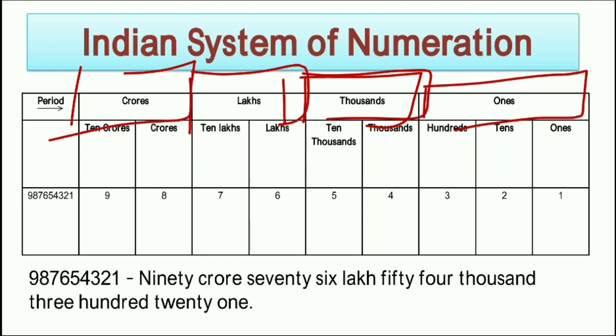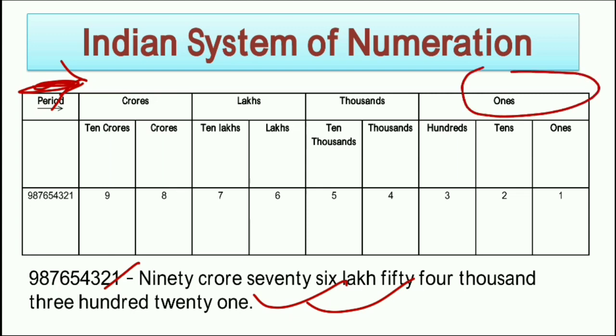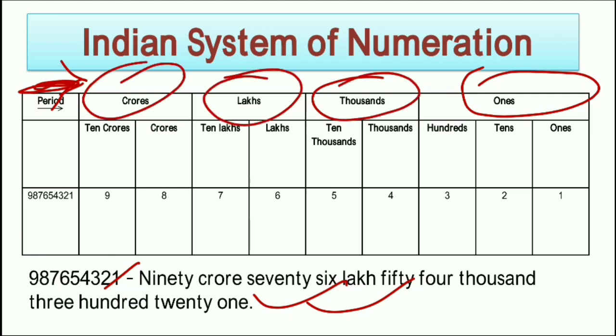These are known as periods, and on the basis of periods we numerate the number. So all the digits are grouped or classified into groups: ones, thousands, lakhs, and crores, and these groups are known as periods.